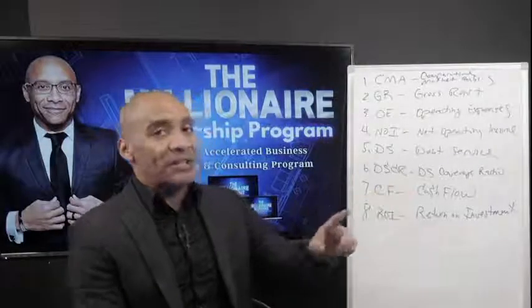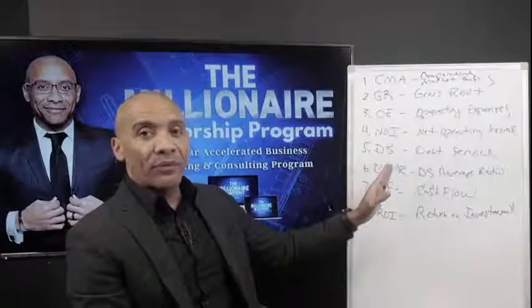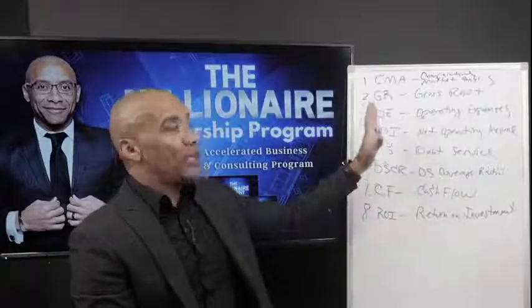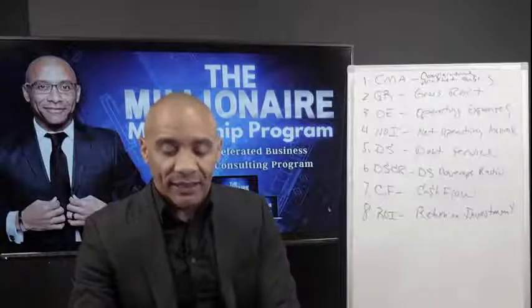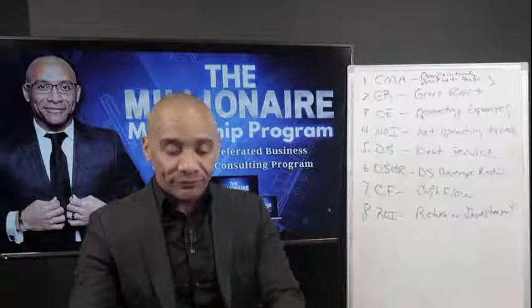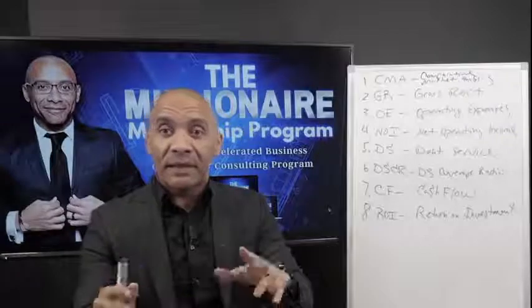But what I'm telling you is, just these 8 terms alone, if you can learn and understand them, you can use them to properly analyze an investment property. Like I said, I went on the Georgia MLS this morning. I pulled up investment type or rental type properties that I know could be used for rental income.